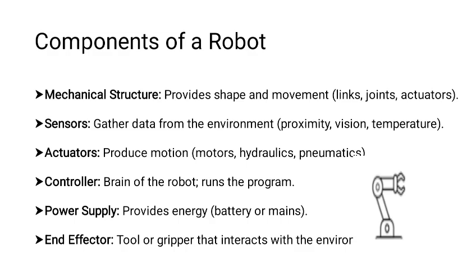Point number 3, actuator. Muscles that move the robot parts. Point number 4, controller. The brain that executes a program. Point number 5, power supply, provides the required energy. Point number 6, end effector. The working hand or the tool that interacts with the environment.